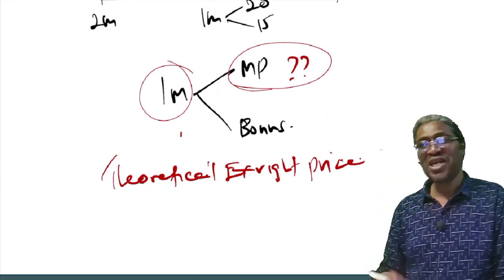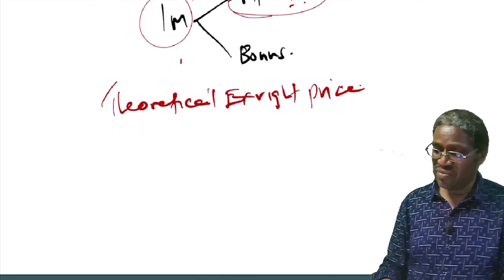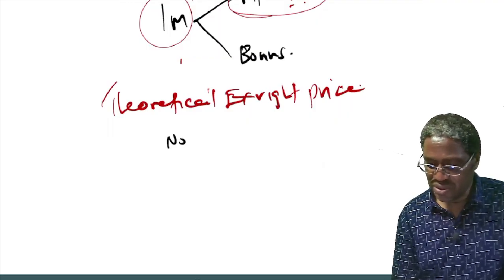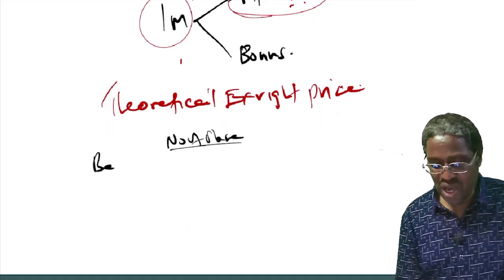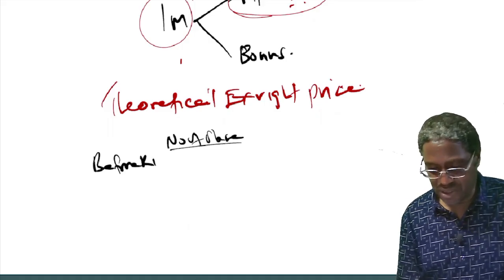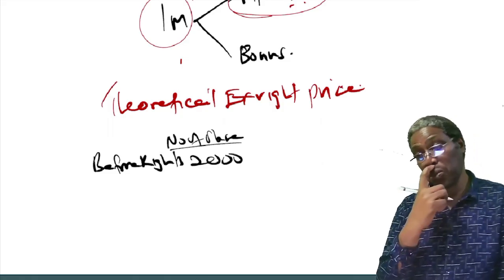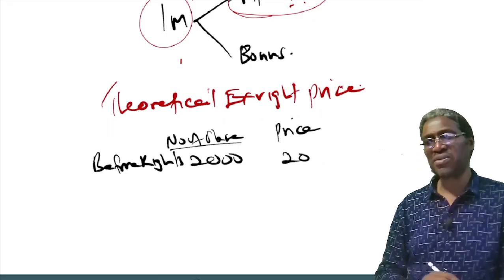Having known that, now the question is, how do we calculate it? Listen. Before the rights issue, our company had 2 million shares. The market price per share was 20 shillings.